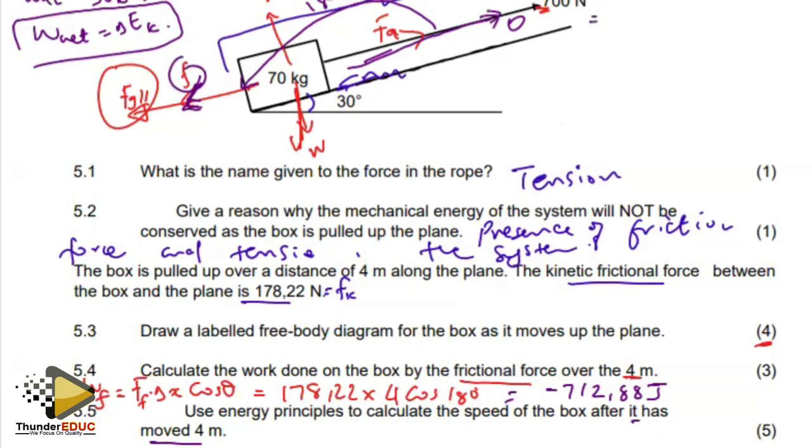So work done by the tension is going to be 700 multiplied by 4 multiplied by the cos of 0, since it is acting in that direction.